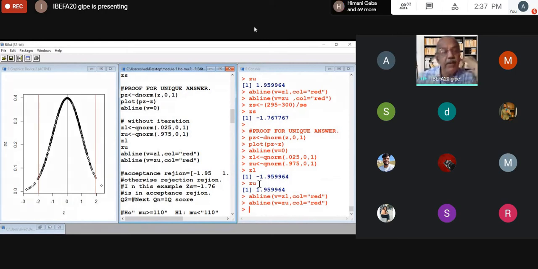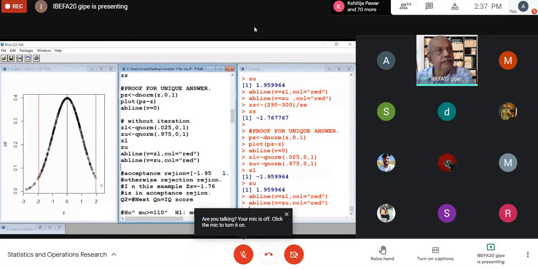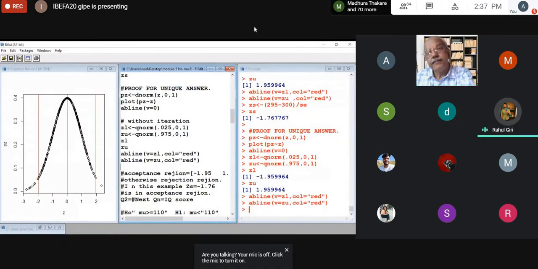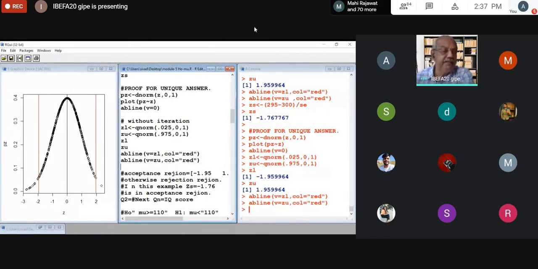Your sample will give you Z, that is minus 1.76. The formula is there in your question paper of module 5. So minus 1.76 is in which area? Check your graph and check the critical value.